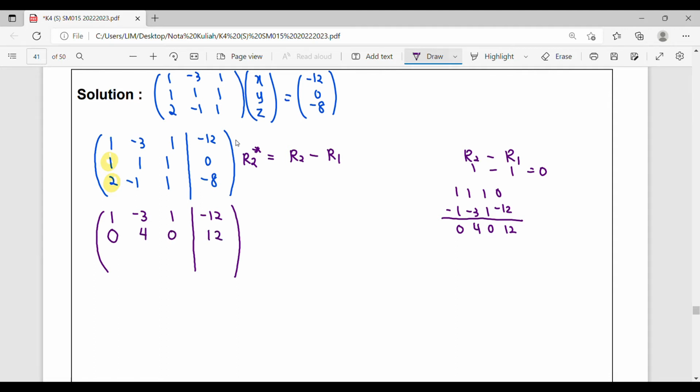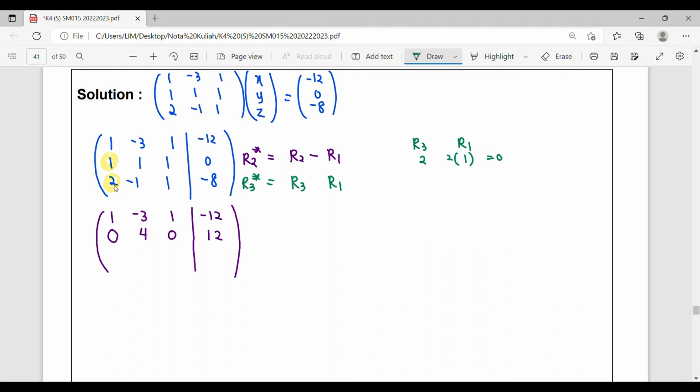Then for row 3, we need to change to obtain 0. So row 3 will also operate with row 1, because row 1 is constant and doesn't change. Our row 3 value here is 2, meanwhile row 1 is 1. To obtain 0, we need to multiply by 2, and we perform the operation of minus. So the row operation is row 3 minus 2 row 1.